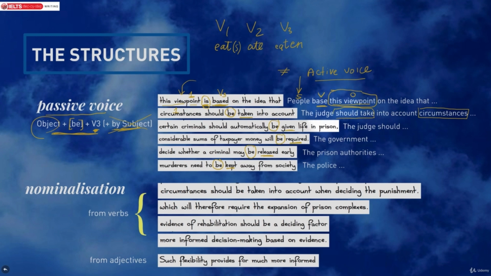The main verb is take, right? This is an auxiliary or helping verb. The words should, could, will, might, may, and must. Okay, these are all helping or auxiliary, technically they're called modal verbs, but they're auxiliary.